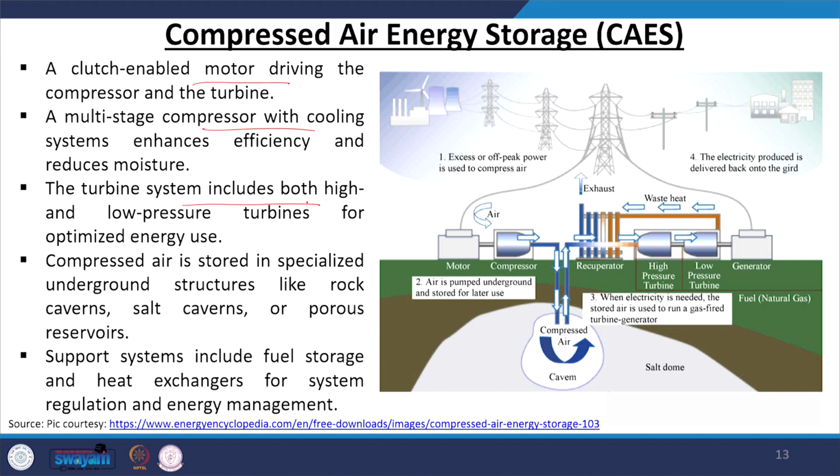The turbine system includes both high and low pressure turbines. Then you have an underground structure like rock caverns, salt caverns or porous reservoirs to store the high pressure air, and then you have a fuel or heat exchange mechanism to give the air back to the turbine to get the electric power generation.